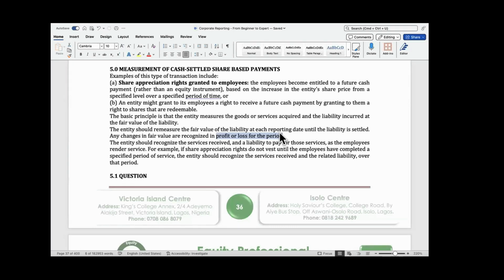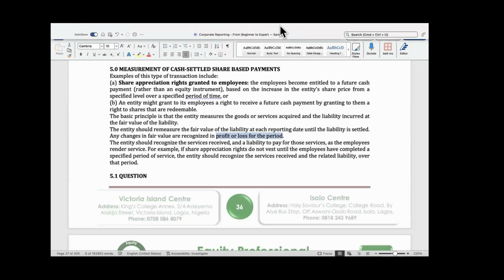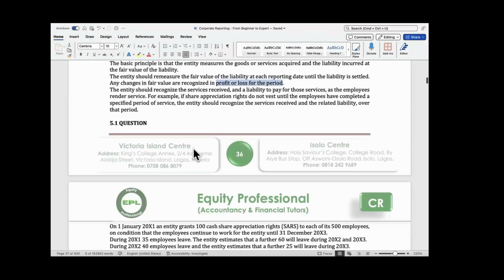Now, the other principle where you would have to recognize a portion in each year still applies. So only a portion is recognized each year. We will still be doing that proration, 1/3, 2/3, 3/3, like we always do. And that is it for cash settled share-based payment. So let's look at this question.